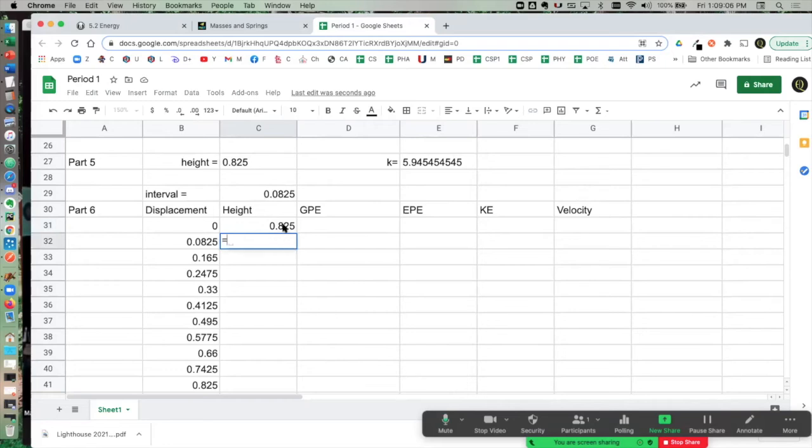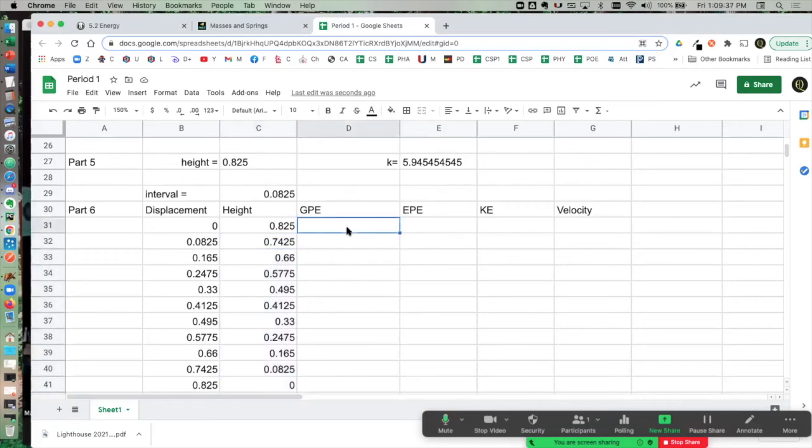Equals, I take this cell and minus this interval, right? Put dollar signs in there. And I should be able to drag that down the same distance and it should end at 0, right? So here's the height, we're falling. Here's the displacement, we're stretching the spring. It's completely symmetrical, of course, yes.